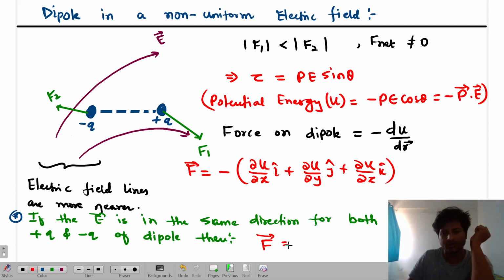So it is minus, just simple, the dipole moment p will come outside, d by dr. Is that clear or not?